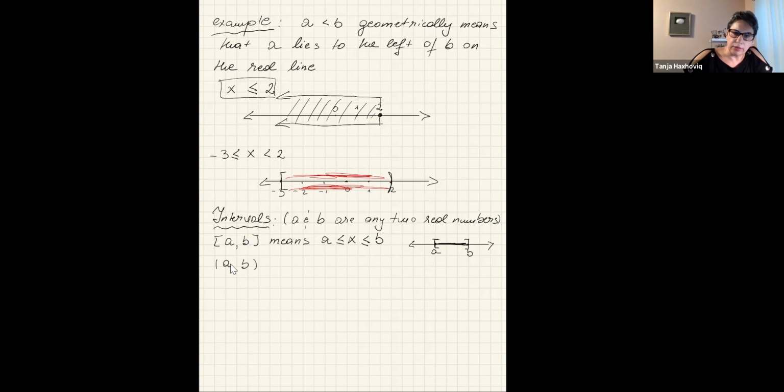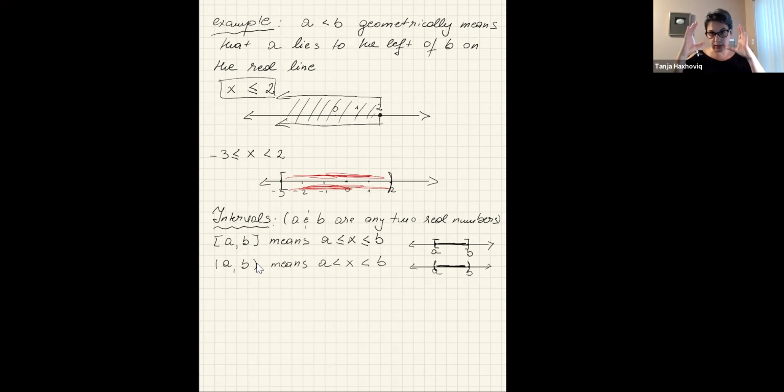This means the set of all real numbers between A and B, or the set of all real numbers that are strictly greater than A and strictly less than B. So this means, you should have seen this before, all numbers that are strictly greater than A but less than B. So in the real line, if this is A and this is B, we mean all real numbers between A and B, but A and B are not included.